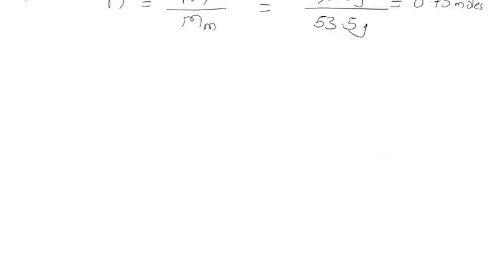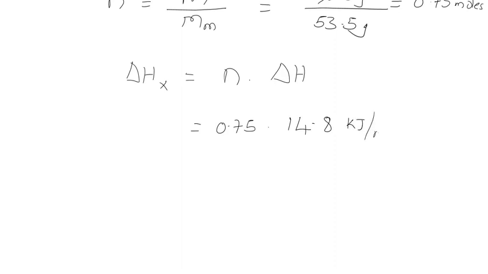Now we have the formula, delta H for the reaction is n into molar enthalpy. So we have n, that is 0.75, and molar enthalpy, that is 14.8 kilojoule per mole.